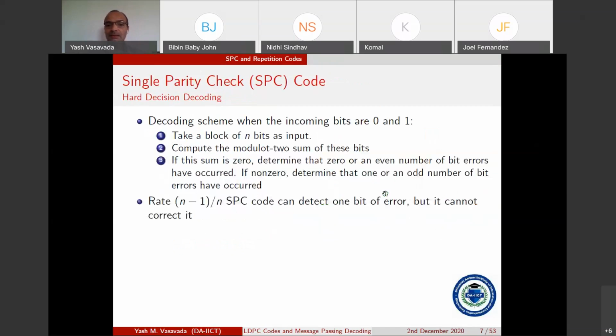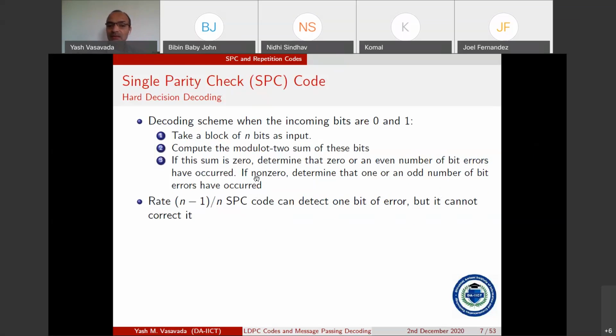But unlike at the transmitter where S1 is forced by the transmitter to be 0, at the receiver, because of the errors that can happen, and here we are specifically considering the binary symmetric channel, zeros can turn into ones and ones can turn into zeros. If one error has happened in the transmitted bits, then the received sequence of 4 bits, instead of having an even number of ones, will have an odd number of ones.